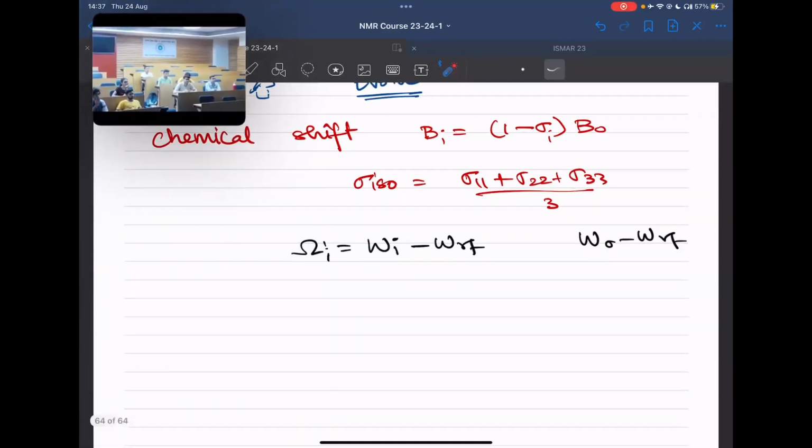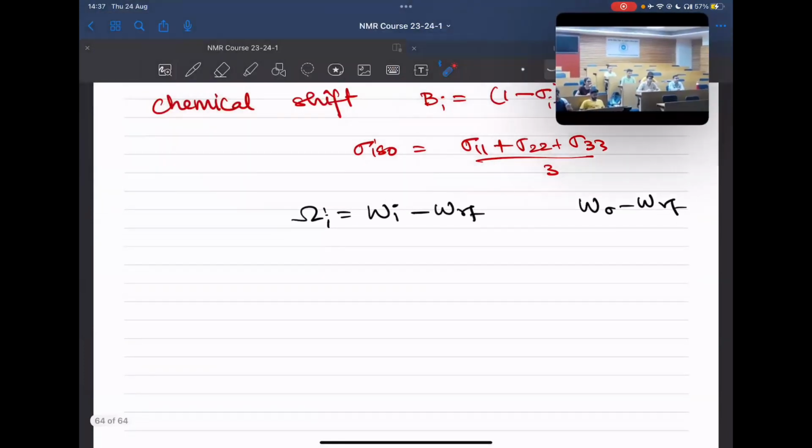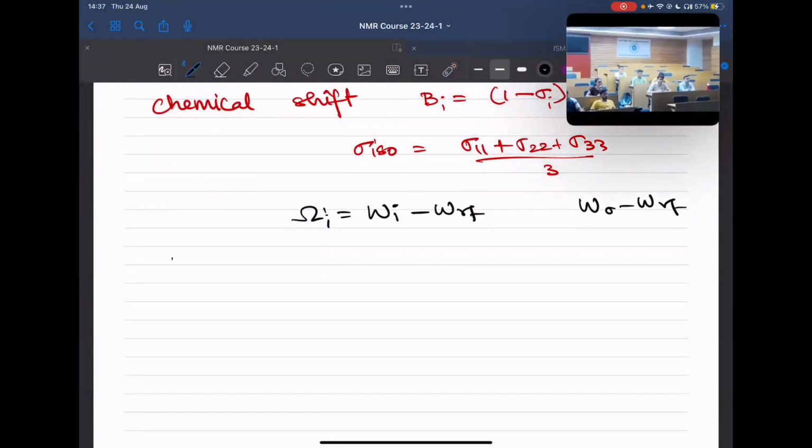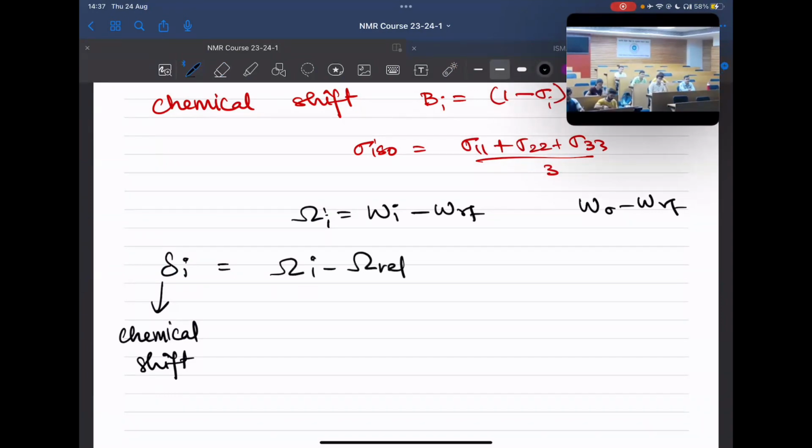With that being said, the parameter that people generally use in NMR is called chemical shift. For an ith nucleus, it gets defined by capital omega i minus omega ref, the whole divided by omega naught, times 10 power 6.